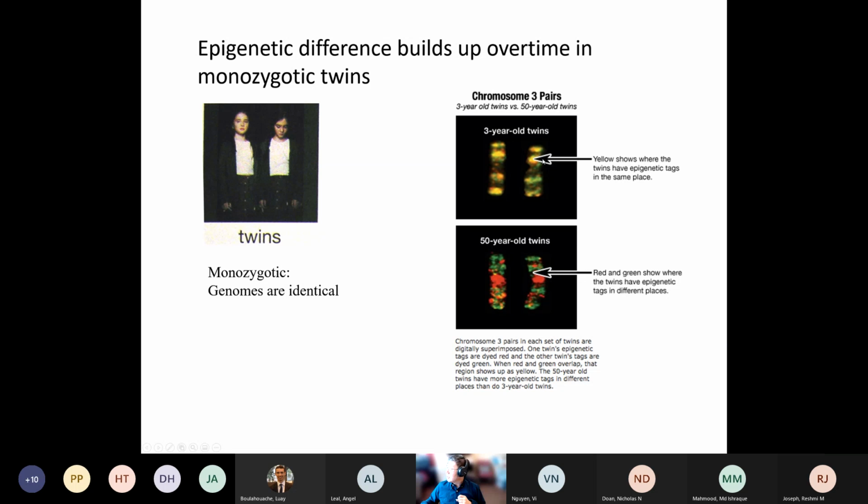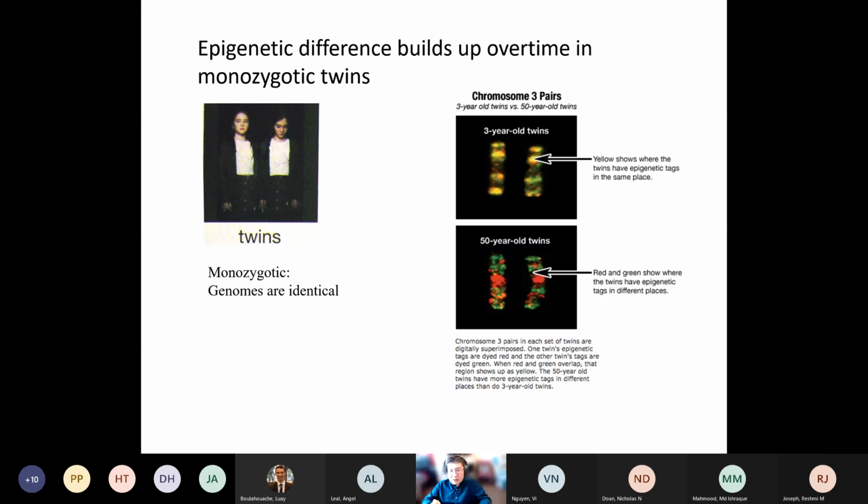You have two colors, green and red. Green means unique region for one of the twins. Red means unique region for the other twin. Unique modifications, either histone modifications or DNA modifications. There's some kind of modification that's unique for each of these two twins.